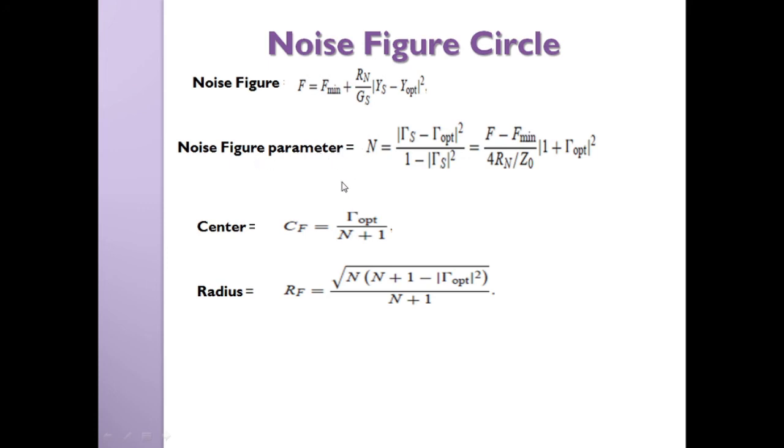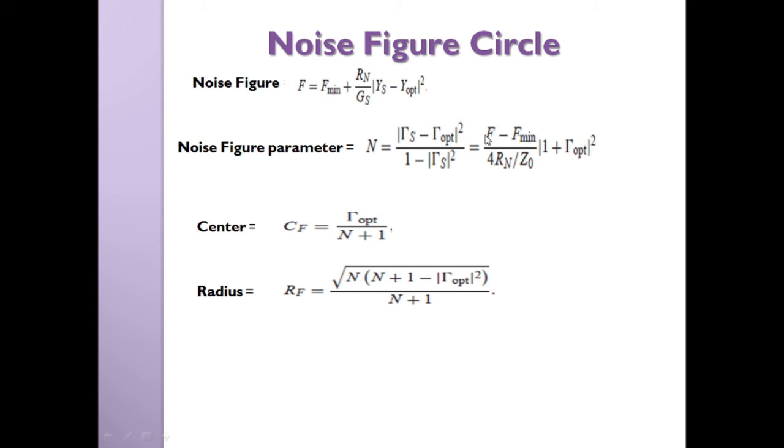I told you what noise figure value we are designing for this LNA: F equal to 2 decibel, and the minimum value I gave is 1.6 decibel, that is the minimum noise figure value. RN represents the noise equivalent resistance, and Z0 represents the characteristic impedance, which is always chosen as 50 ohm.